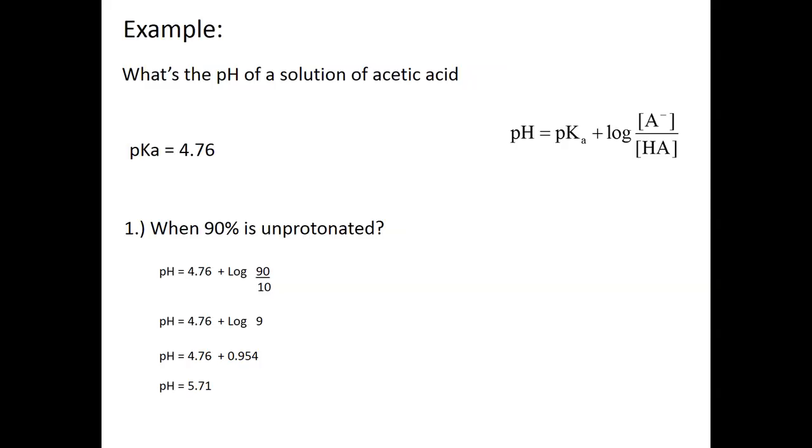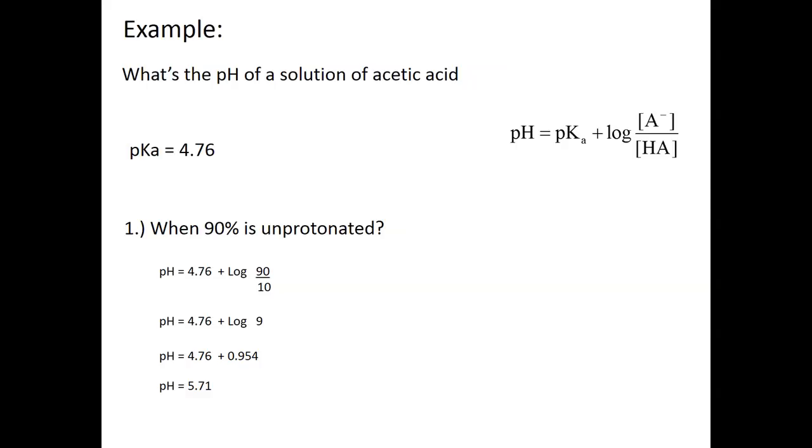So if you have more deprotonated form over acid and you take this ratio as 9, the log of that will be around 0.954. So now if you add that to this, you have your 5.71, okay?